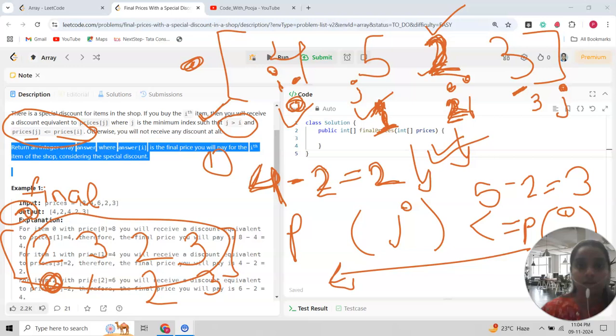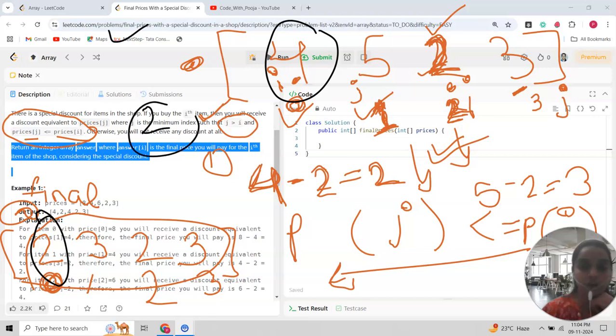Okay, let's change the pen here and let's move to black. Now for the first element, here is a 4, here is a 2. So what is the discount amount? It's 2 discount amount. And how is it possible? Because of this element. Now the second element has actual price 5, and here the discounted price is 3 after discount.